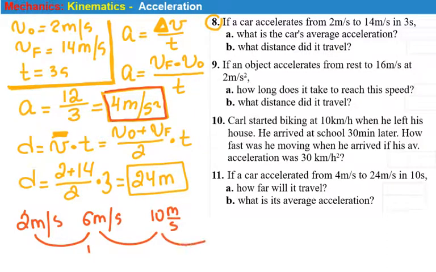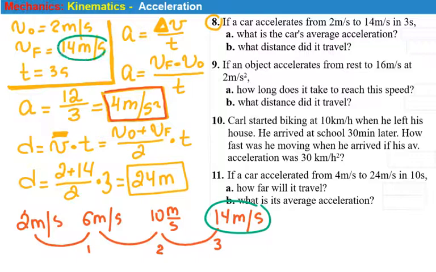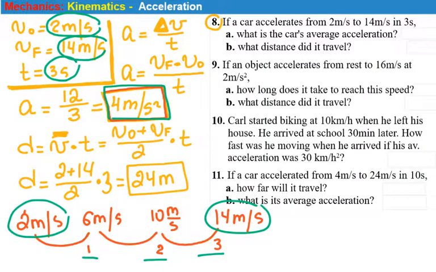And in 3 seconds, your velocity is 14 meters per second. And that's what they give you. 14 meters per second is your final velocity. 2 meters per second is your initial velocity, and it took you 3 seconds to get to that velocity. So it took you 3 seconds to get to the new velocity with this given acceleration.